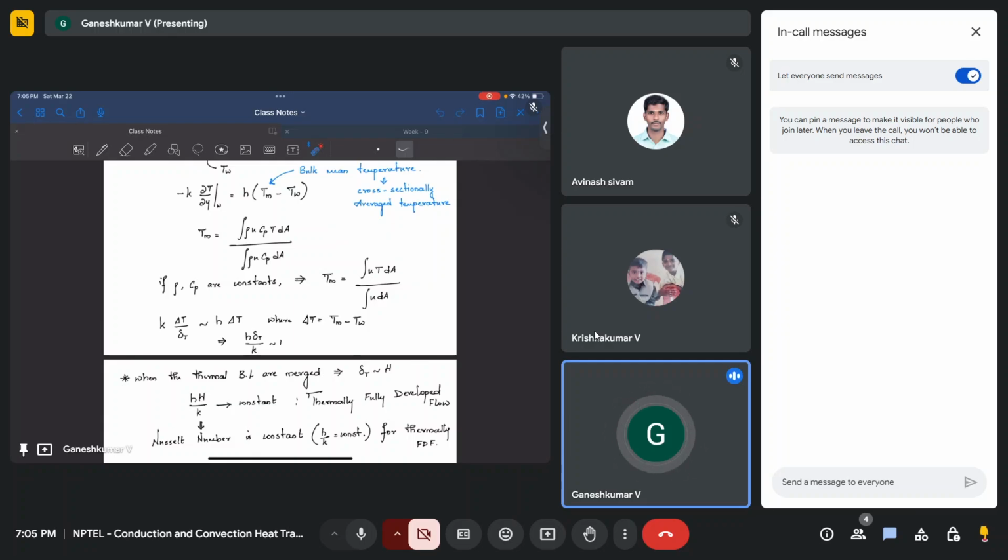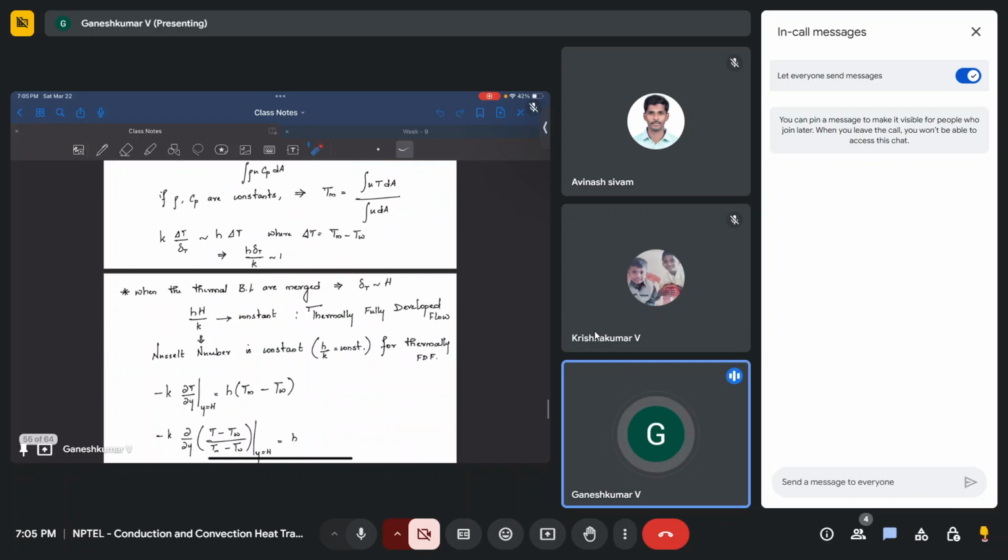Then we found out that if you want to find the Nusselt number, then for a thermally fully developed flow, after the boundary layers have merged, the Nusselt number remains constant, because h by k is constant.